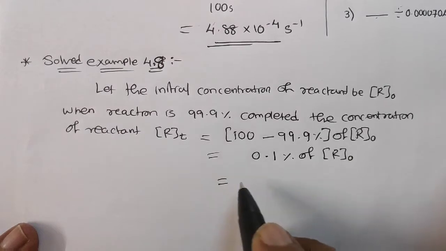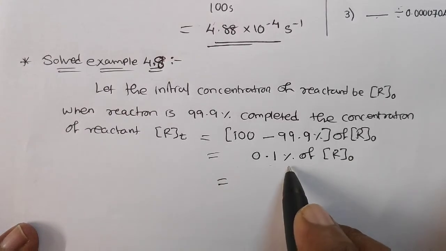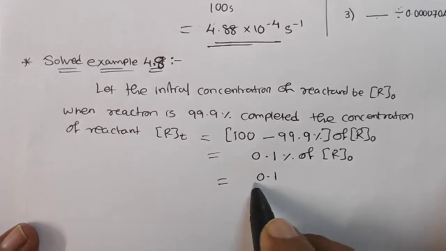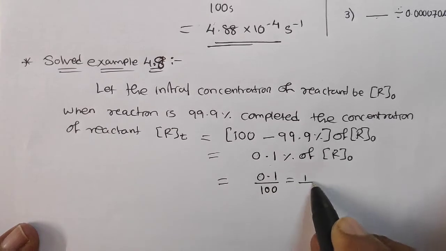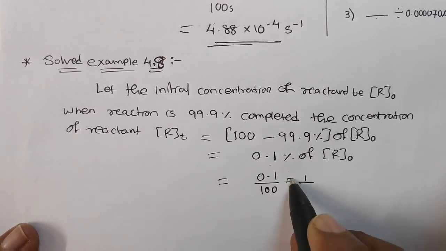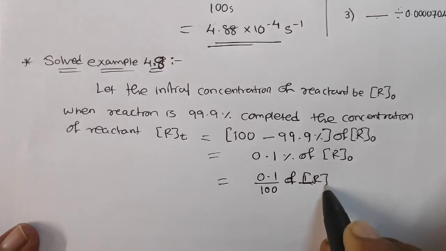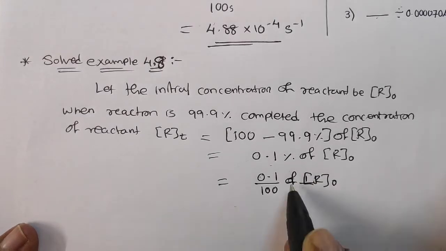Okay, so which is equal to, now 0.1% is there. So what we can do, 0.1 divided by 100, which is equal to 1 upon 1000 of R0. Of means multiplication.